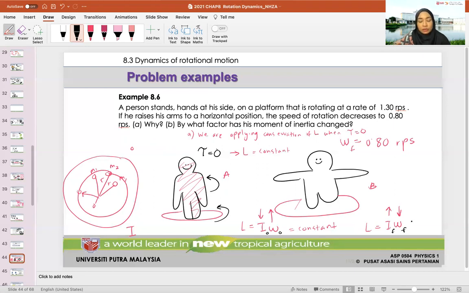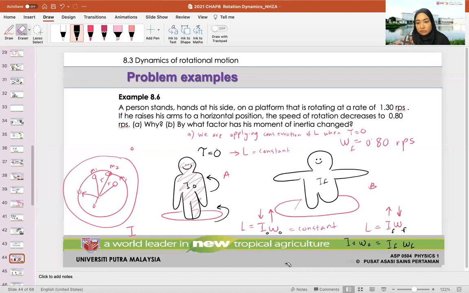But they are both equal because L is constant. So I can write them together in one equation, I mean equate them together: I final, omega final. I want to know by what factor my I changed. This is I final, this is I initial. I need to know what is I F over I naught, the final over the initial.